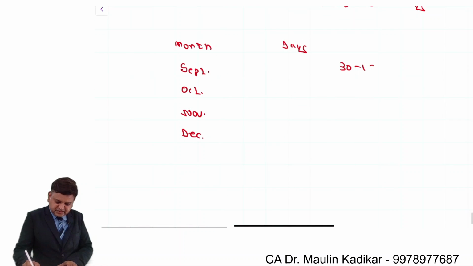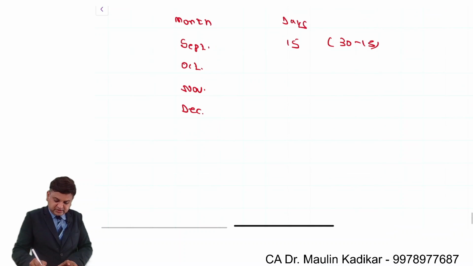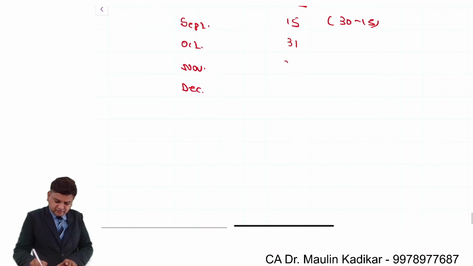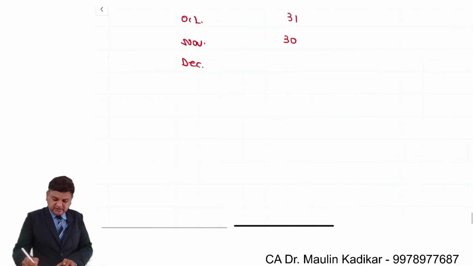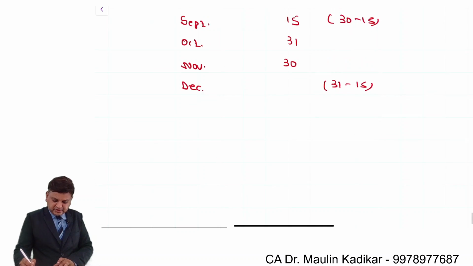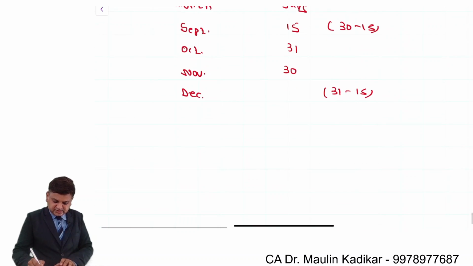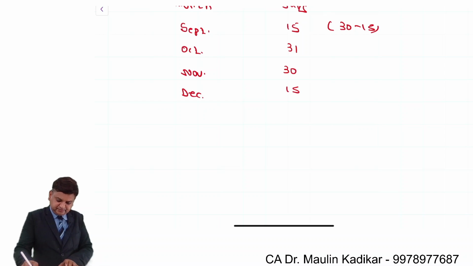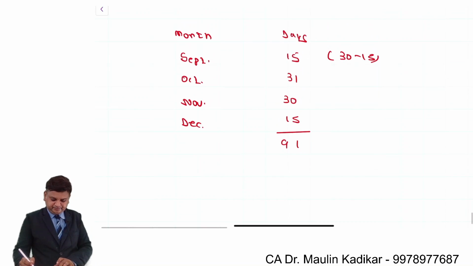So it is 30 minus 15, that is 15 days. For October it is 31 days. For November it is 30 days. Then December, 31 minus 15, that comes to 16 days. Oh, we have to consider the 15 days because the contract is expiring on that date, 15 days. So the total number of days is 91 days.